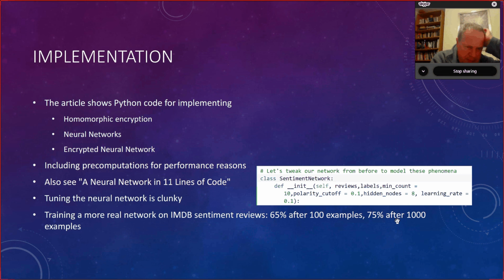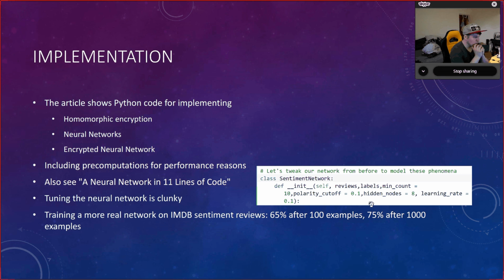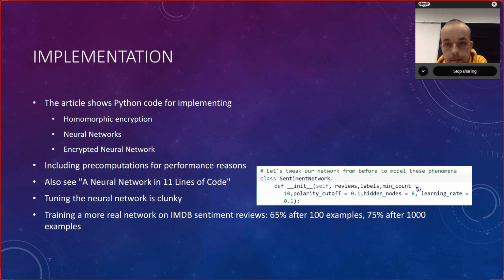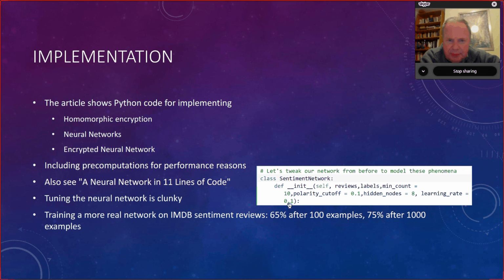And here he says he disregards all words less than 10, and they have to be a reasonably strong signal, and 8 hidden nodes. That's the deep part of the deep learning. In this case, there is a layer in the middle with 8 nodes and a learning rate. These are things that you almost need to figure out on an ad hoc basis, when you set up a neural network, to tune it exactly.